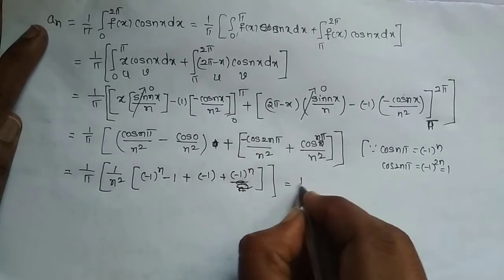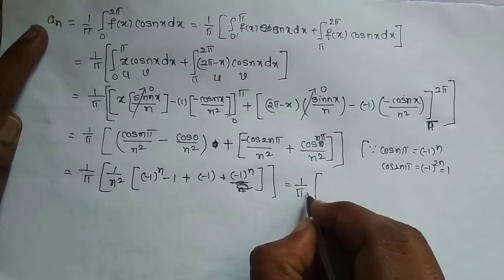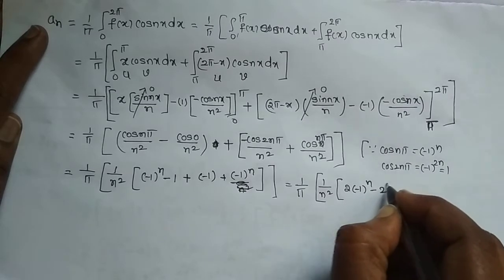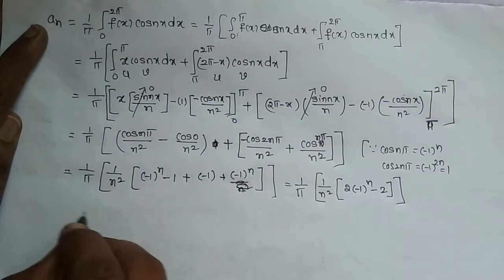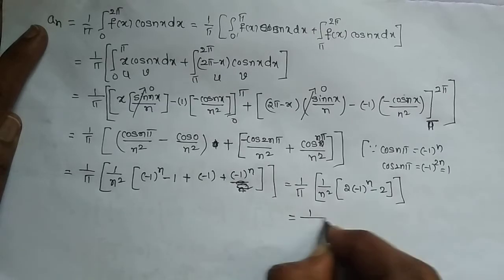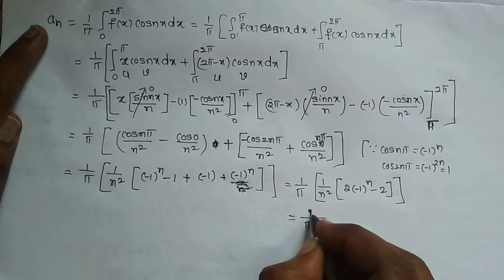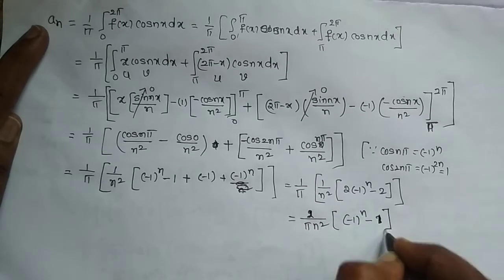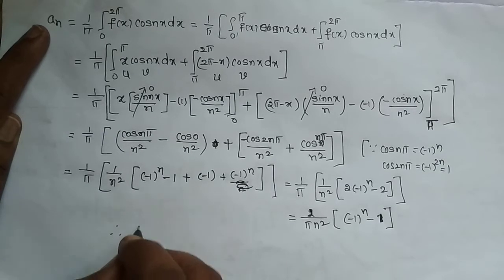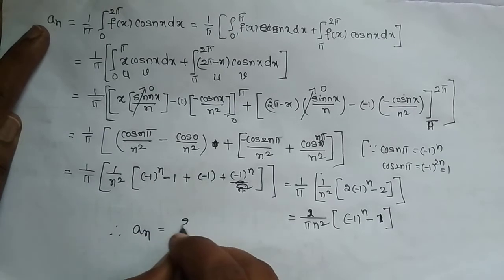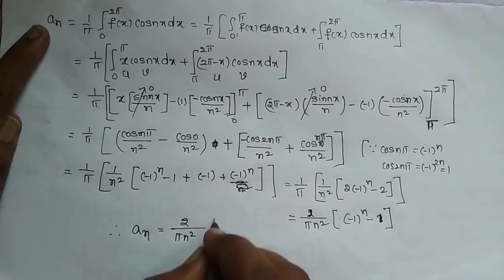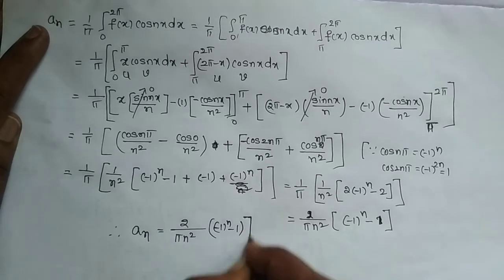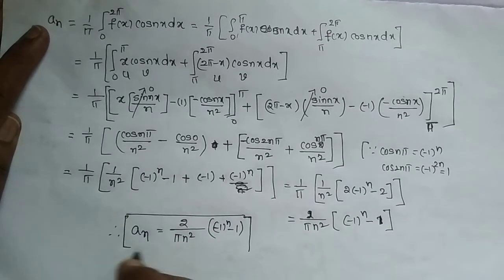So it can be written as 1 by pi into 1 by n square into 2 into minus 1 whole to the power of n into minus 2. You can simplify this one. 1 by pi n square, 2 is also common, into minus 1 whole to the power of n minus 1. So therefore an is equal to 2 by pi n square into minus 1 whole to the power of n minus 1. This is the an value.